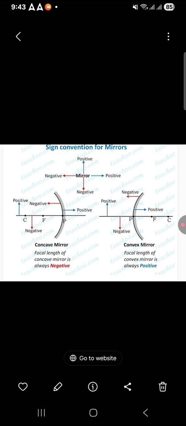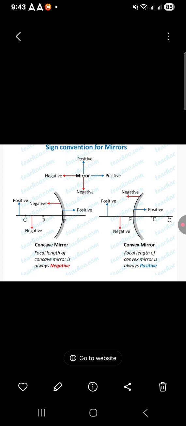And when we discuss convex mirror, the distance of object from pole, that is U, is always taken as negative. Focal length is always taken as positive, and distance of image from pole, that is V, is also taken as positive, right?